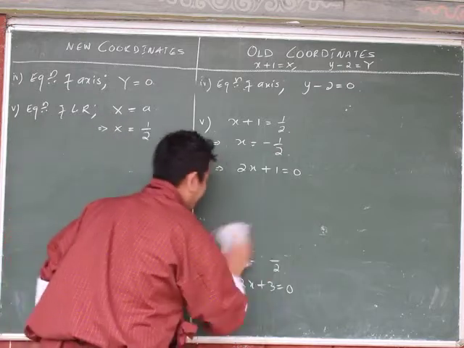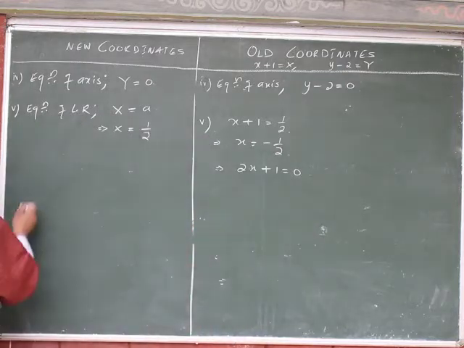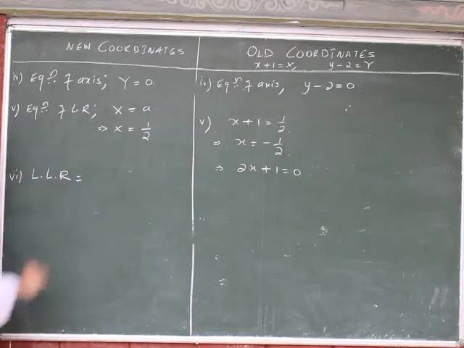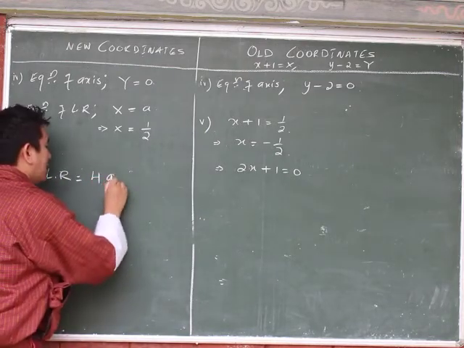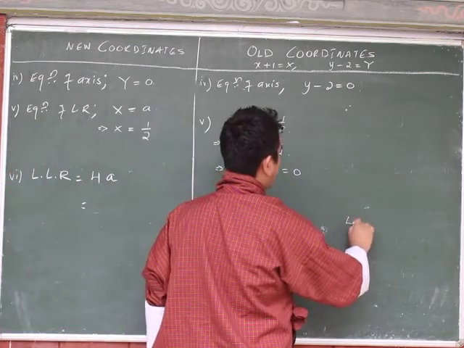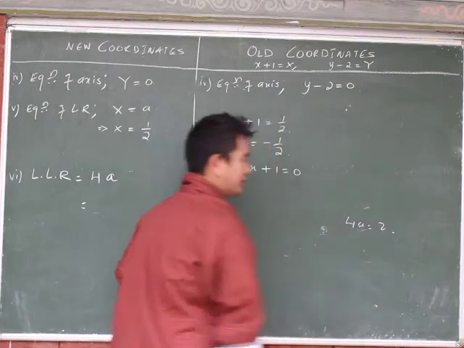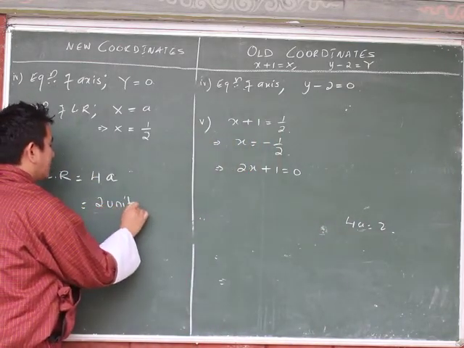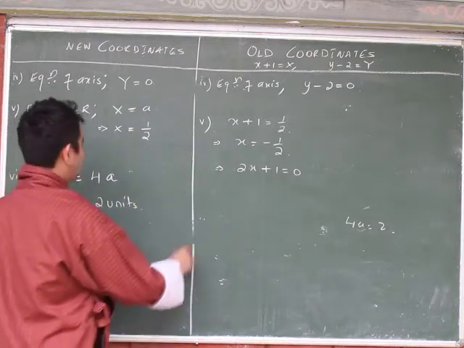Finally, what do we need? Finally, we need the length of the latus rectum. The length of the latus rectum is 4a. What was the 4a value when we calculated there? 4a is equal to 2 units. What about this side? Number 6.